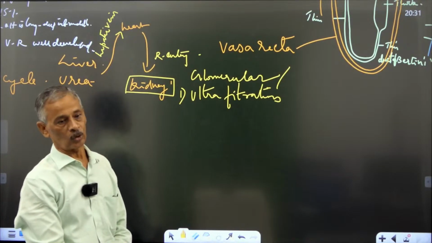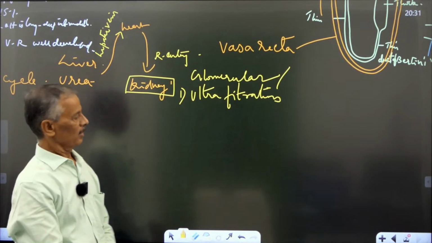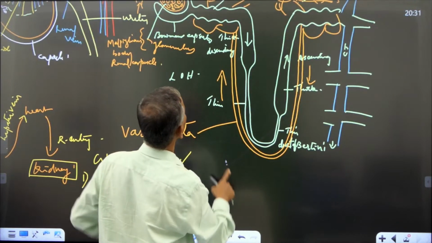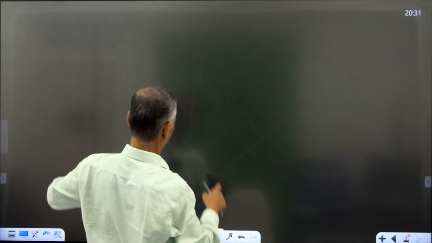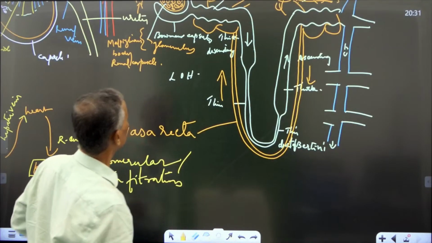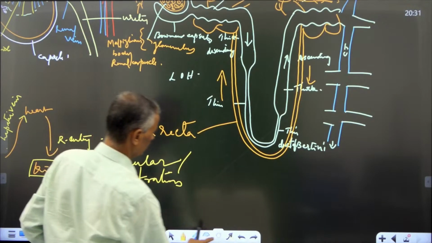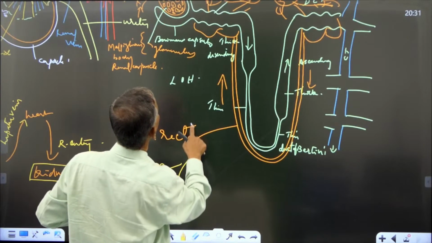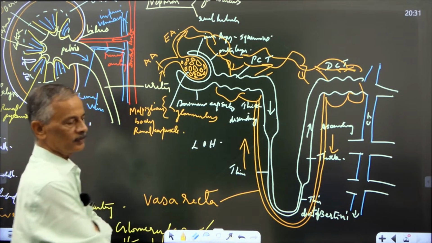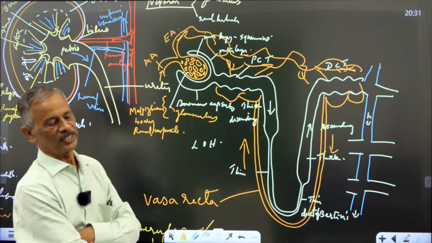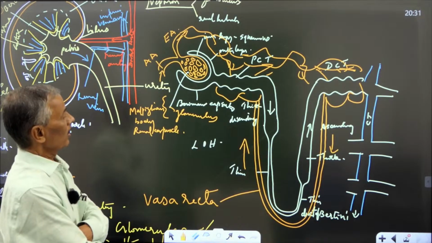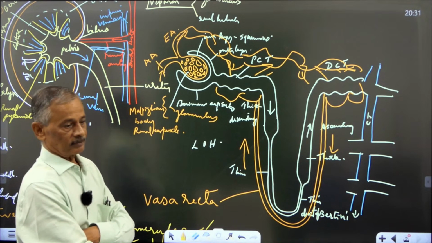How it is occurring? Let us see. What is the nature of this glomerulus and the Bowman's capsule in which they are all present? As blood is passing through the glomerulus, filtration is occurring. It is the first process, number one. And why filtration is occurring?